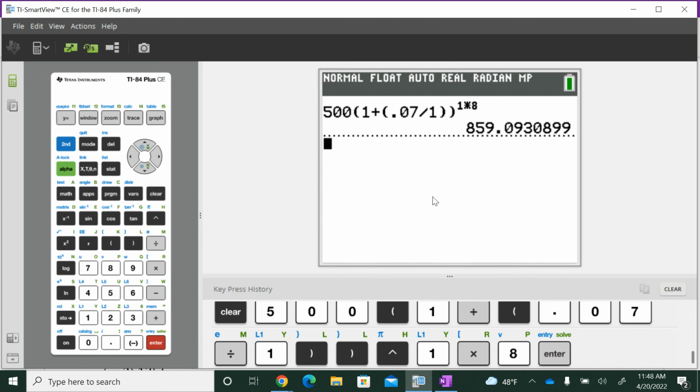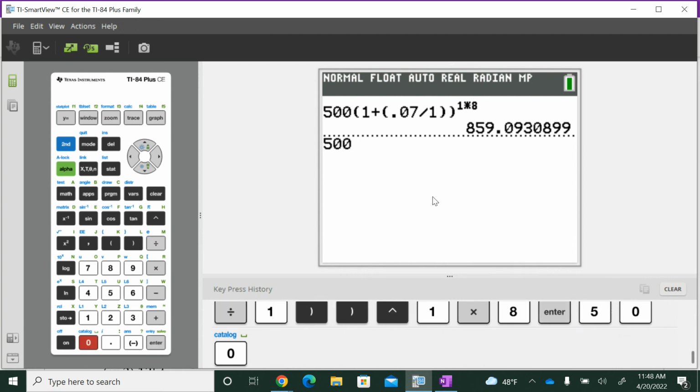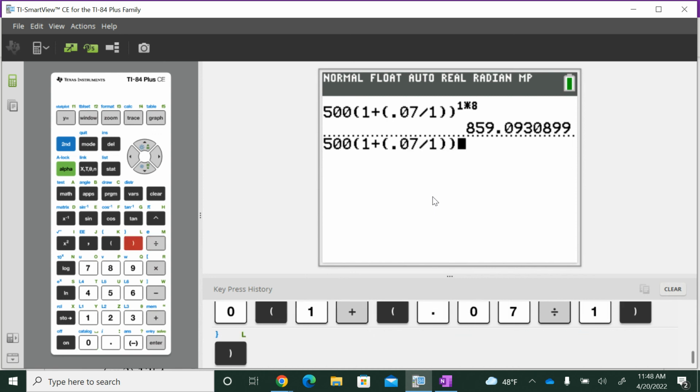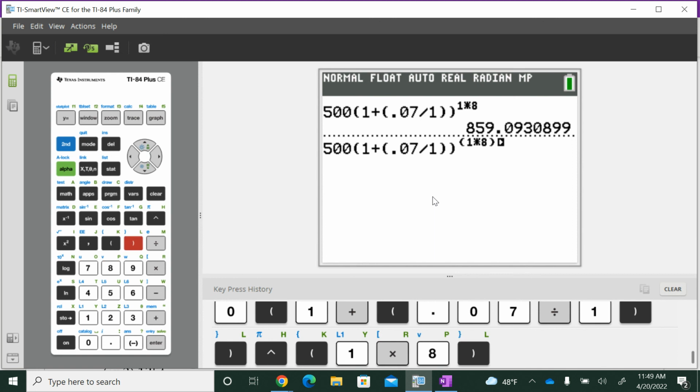The way that would look then is just parenthesis 1 plus parenthesis 0.07 divided by 1, parenthesis, and then the little caret, little up arrow thing, and then I would put parenthesis 1 times 8, parenthesis. Either way, you're going to end up with 859.09.